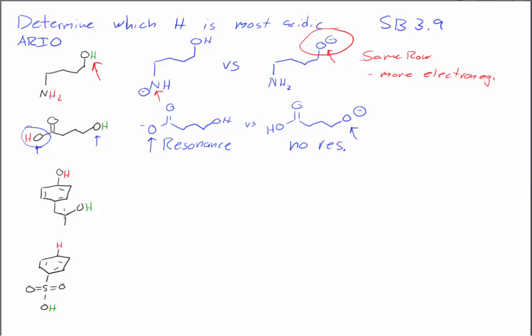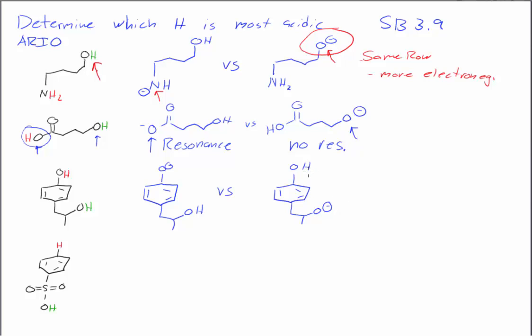Let's look at the next molecule here. Again, we have two possibilities. We have an O- that's on the ring, and we have an O- that's sort of on the side chain of the ring. And we're going to try to figure out which of those is more stable.